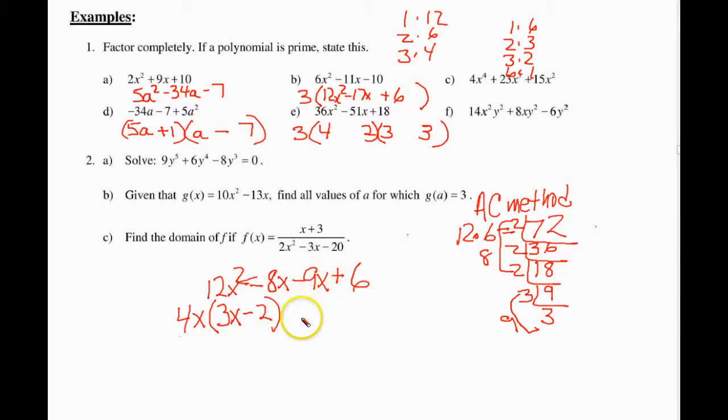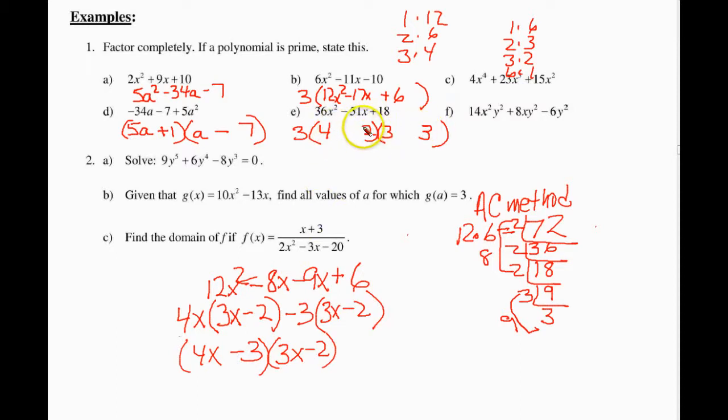And out of here, I'm going to factor out a negative 3. And I get a 3x minus 2. So there are my common factors that we did before by grouping. 3x minus 2 and 4x minus 3.